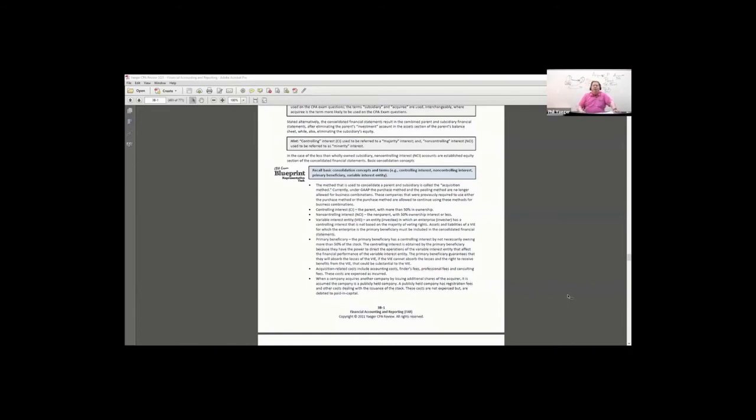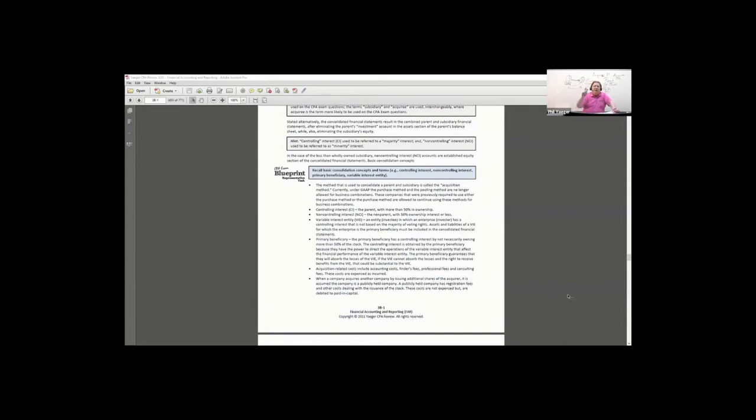The non-controlling interest, if you had this in school, you might have called it minority interest. It's no longer called minority interest. This is a non-controlling interest, when another company owns 50% or less of the subsidiary.